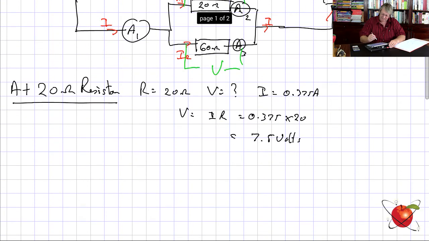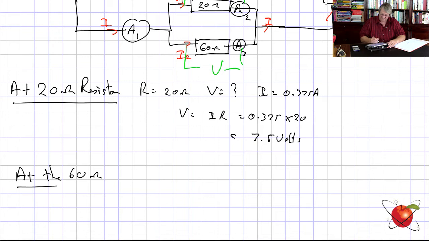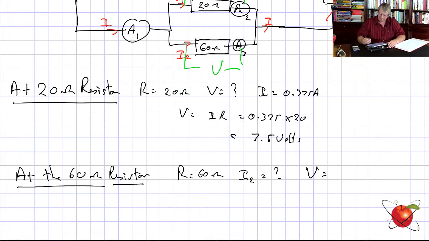So at the 60 ohm resistor, R is 60 ohms. I2 equals don't know, but we know V. V is 7.5 volts. It's the same as across the other one because they're in parallel.